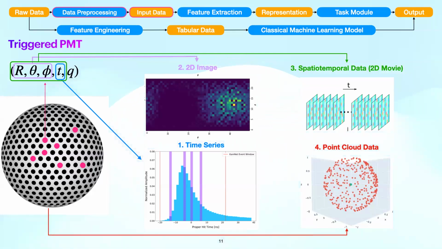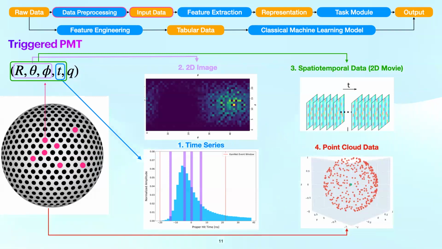So the data of 2 is basically a 2D kind of grid, right? So one direction is theta, and one direction is phi, by opening up the spherical coordinates. So that's 2. And the data type of 4 is going to be something like this. It's going to be an array, and each row of the array is x1, y1, z1, t1, q1. So that's the first PMT.